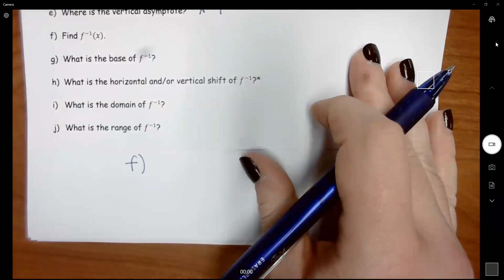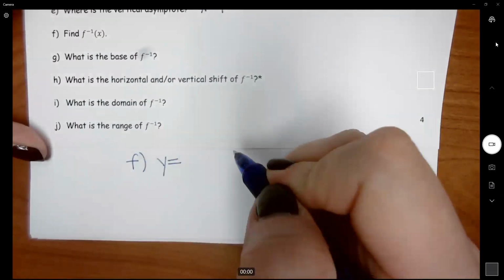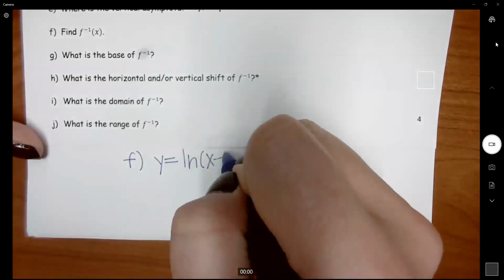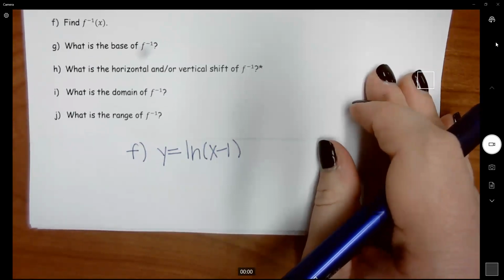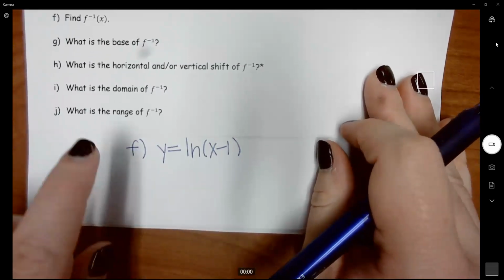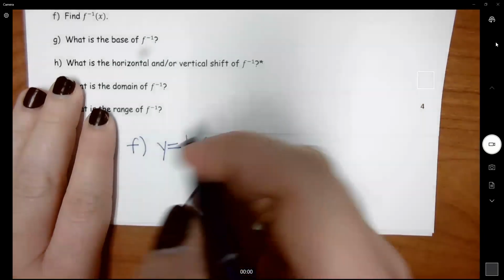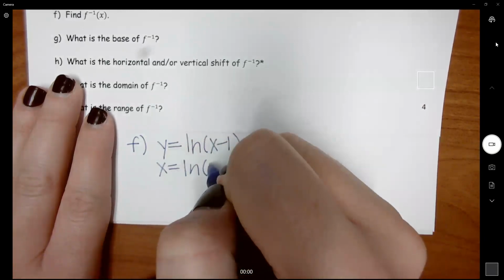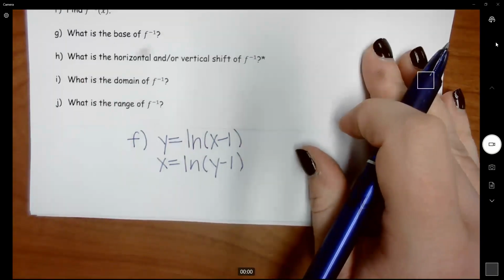Y equals the natural log of x minus 1. So after you change your function notation to y, the second step is to switch your x and y variables.